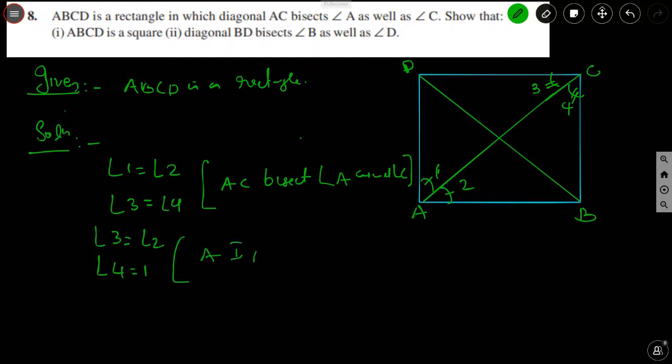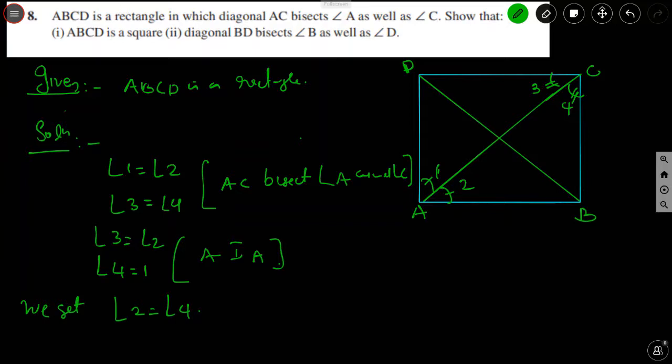The reason is alternate interior angles. So now all angles are equal. So from above we get angle 2 is equal to angle 4.